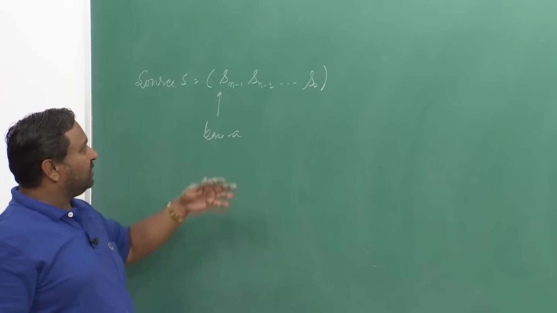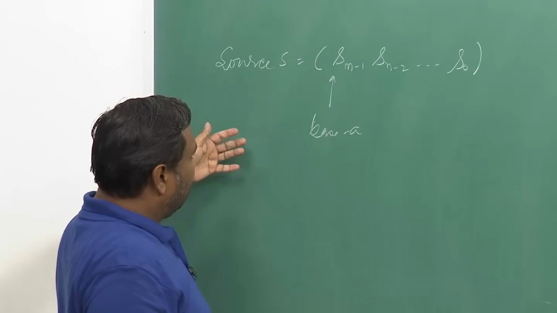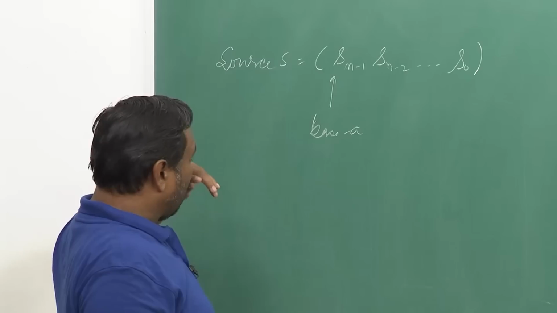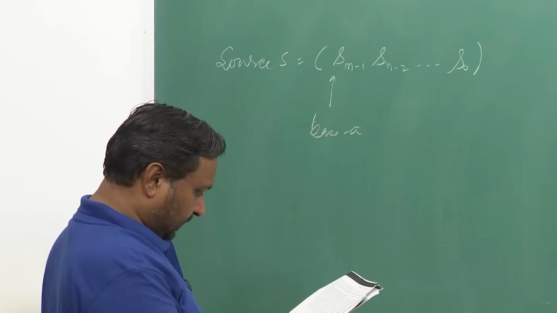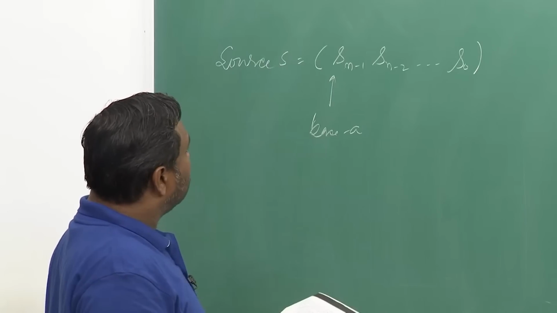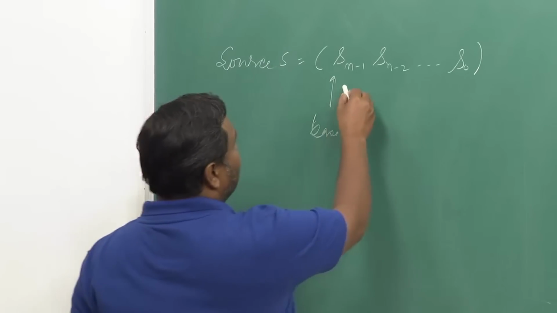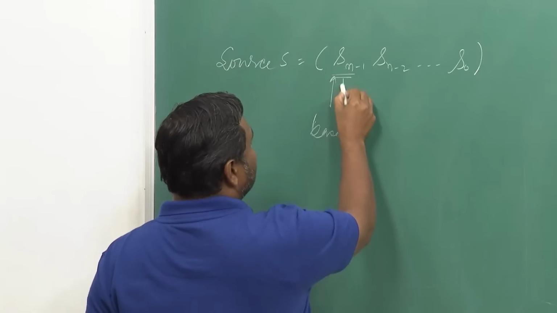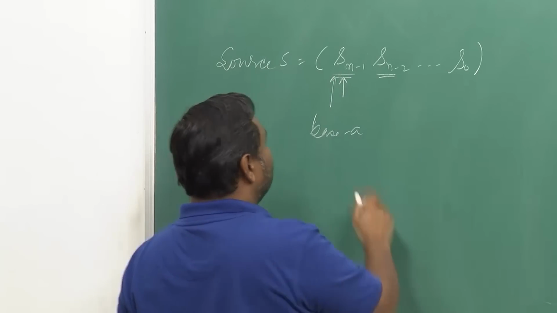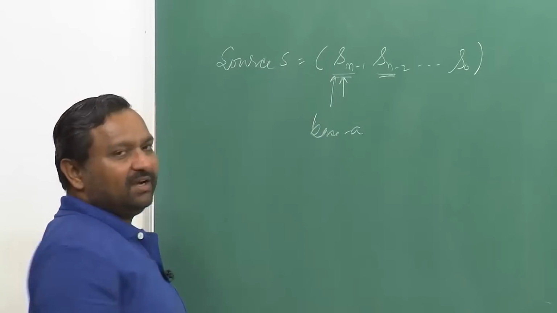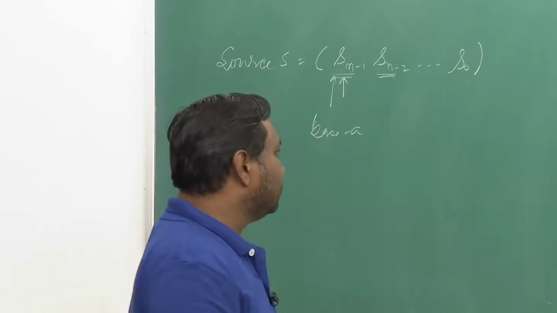There will be n such digits, so there is 0 to a minus 1 value, 0 to a minus 1, total n digits. So, a raised power n inputs can be uniquely identified by this particular digit.